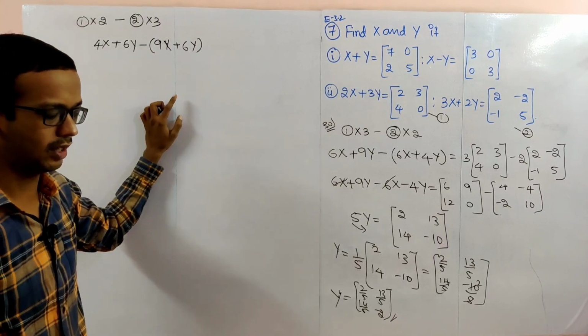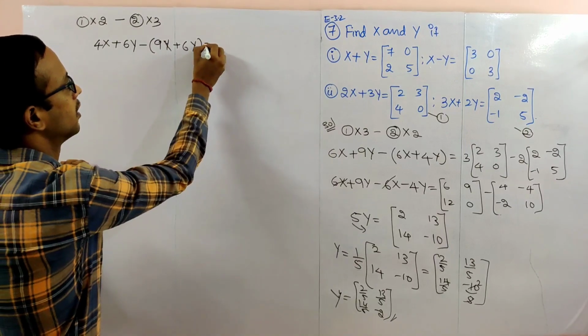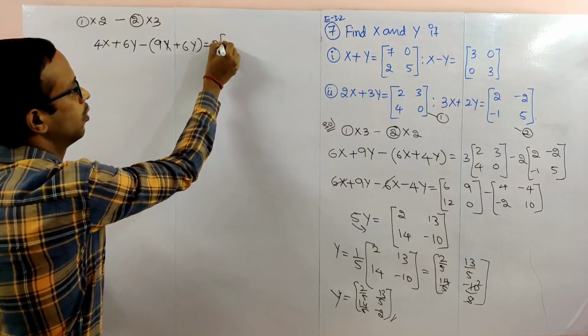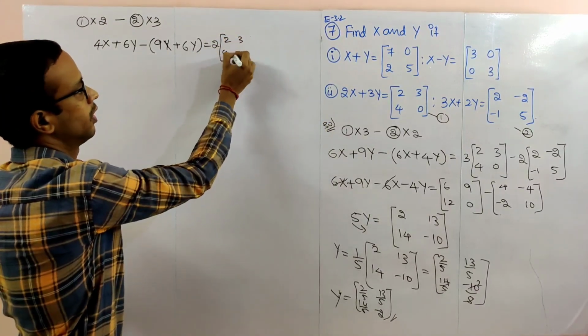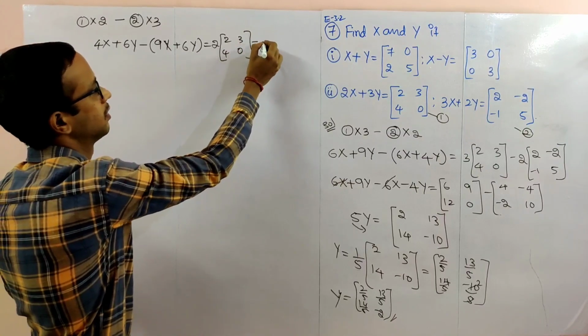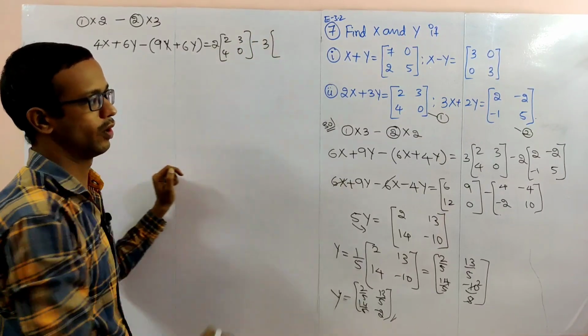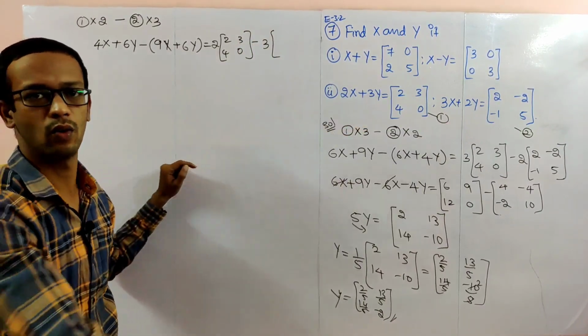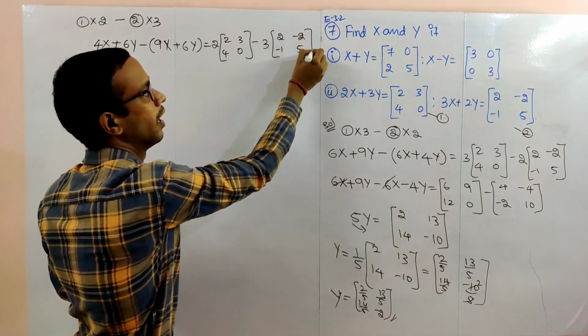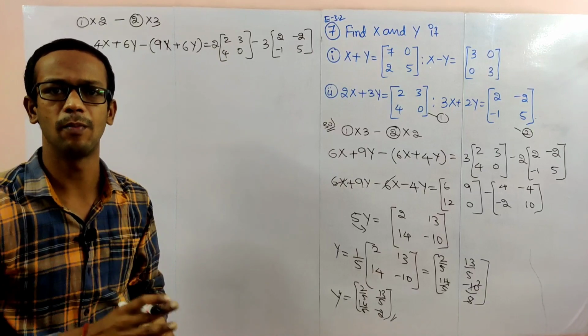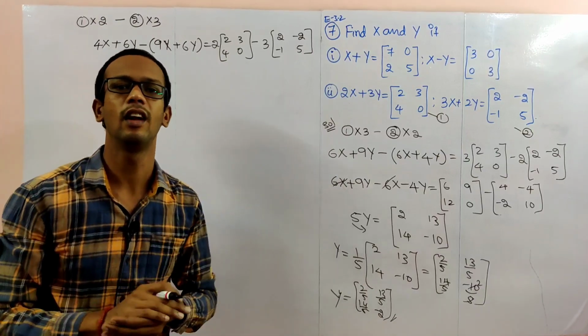That is equal to 2 into equation 1 right side, minus 3 into equation 2 right side. Nothing we are doing, same simplification but multiplication is different.